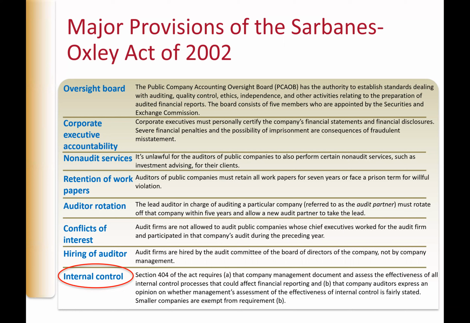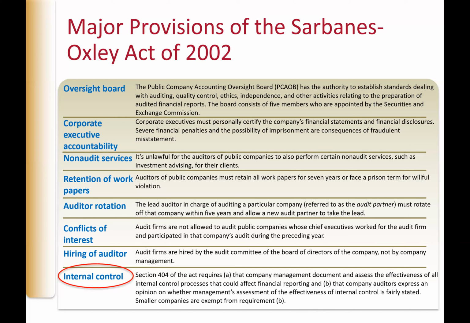And internal controls, as you can see down here, section 404 of this act required that company management document and assess the effectiveness of all internal control processes that could affect financial reporting, and that company auditors express an opinion on whether management's assessment of the effectiveness of internal controls is fairly stated.